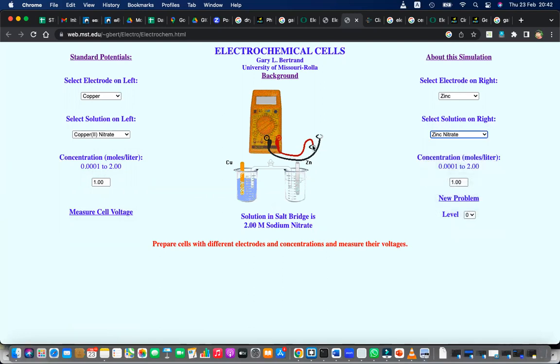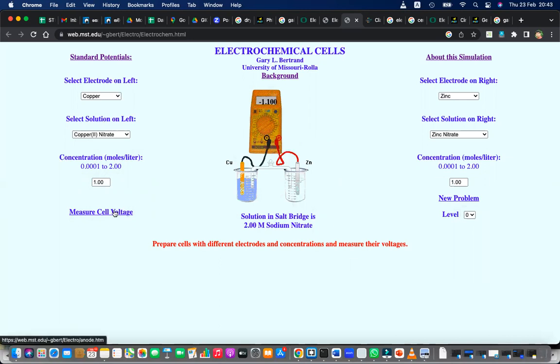Then let's connect this. Oh, can't we connect this? No. Measure cell voltage.